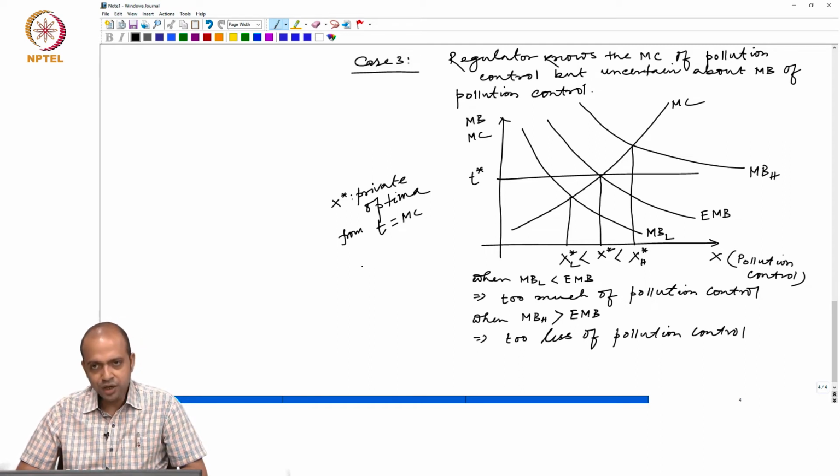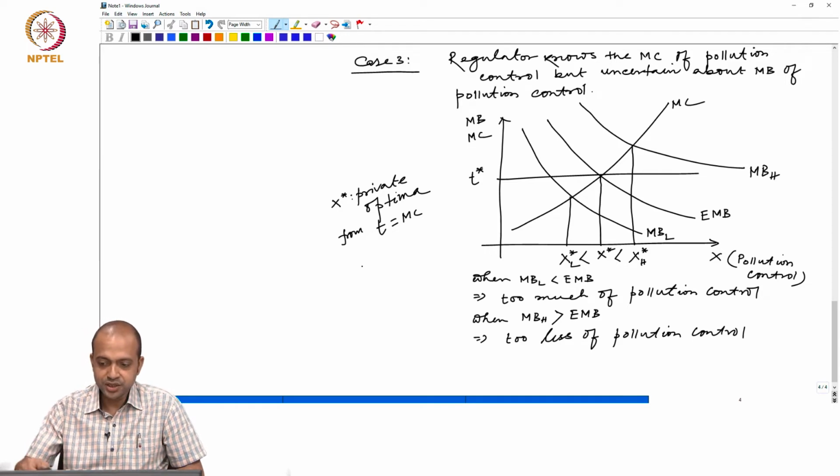Okay? And depending on whether social optima is higher than the private optima, we will get either too less of pollution control or too much of pollution control, but both are equally undesirable for the society, as we have decided earlier. That is the case. Okay? So, these are the alternative 3 cases by which you can very well understand the importance of Weitzman theorem.